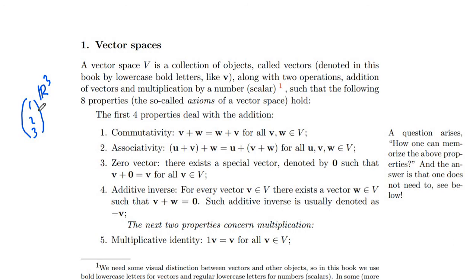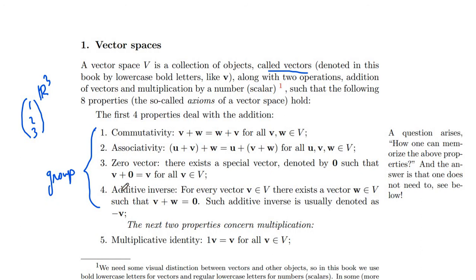Okay, so to remember this, up to this point, the vectors, whatever the elements, these vectors will form a group. So what is a group? In a group you have some axioms.